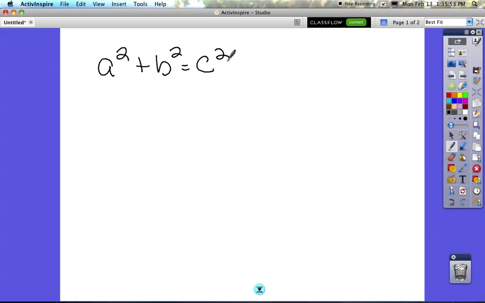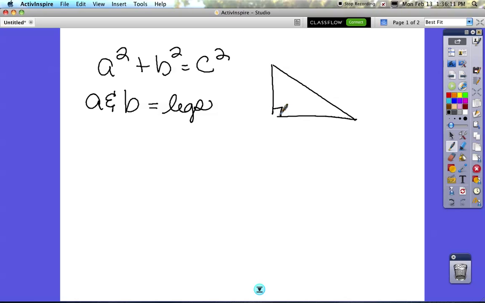Okay? Now, you can't just arbitrarily put numbers in for these. Who can tell me what A and B are? Legs. They are the legs. Well, of a right triangle, how in the world do I know which ones are the legs? The ones that make the right angles. I also heard the shorter ones.